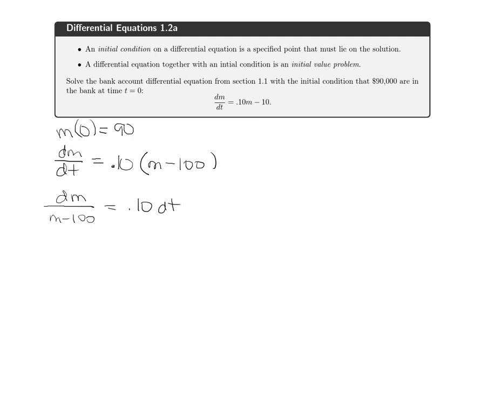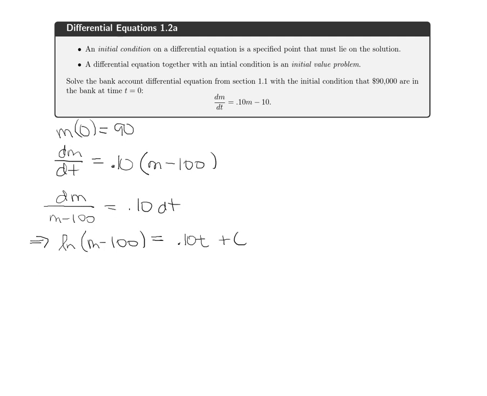So this implies that the antiderivative of the left-hand side will work out to be the natural log of m minus 100. We actually need absolute values on there, but we're okay. So we take an antiderivative on this side, we get 0.10 t, and then we add in our constant.